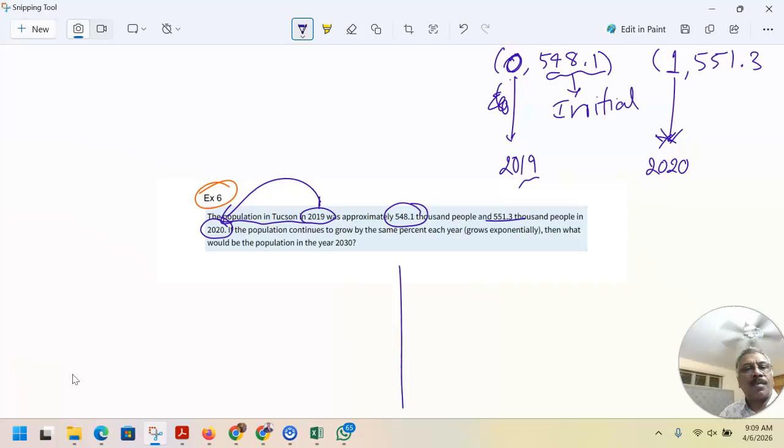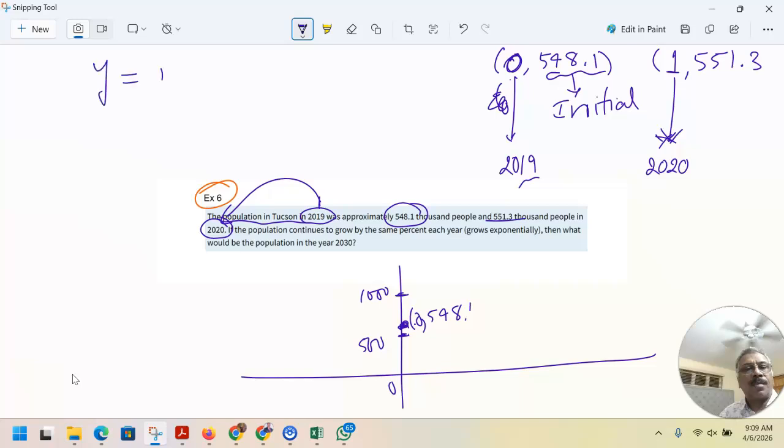When you want to graph this, when it is 0, if this is 500, and this is 1000, so this is that point. In the beginning, 0 is 548.1. So when we model the equation, y is a times b raised to x.